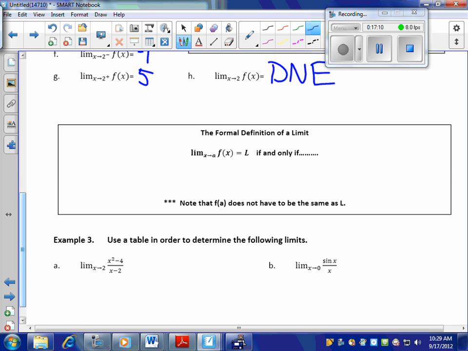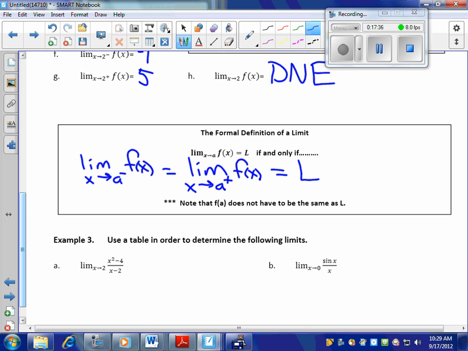Because of this, okay? Formal definition of a limit. The limit as x approaches a of f of x is equal to L if and only if the limit as x approaches a from the negative of f of x is the same as the limit as x approaches a from the positive of f of x, is equal to L. In other words, the right-hand limit and the left-hand limit have to be the same.